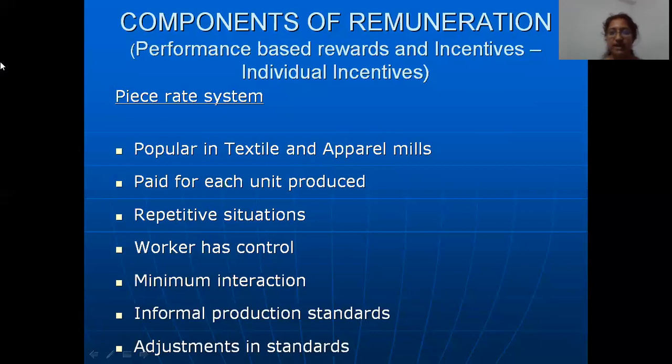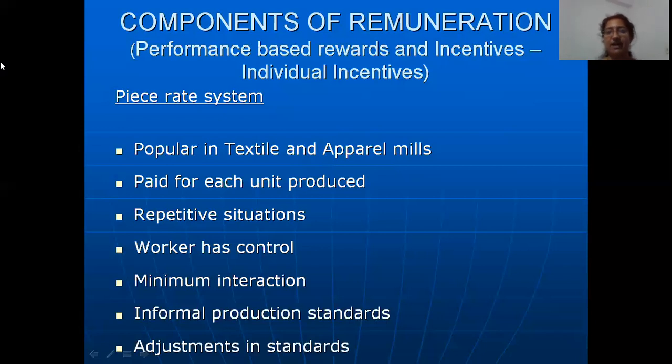However, if one shoe he is producing is of one design and the other shoe is of another design, a piece rate system may not be justified, because for producing one shoe, the materials used may be less and the color combination may be different, which requires a certain wage. Another shoe may have more materials and more tasks to be done to finish it, so the wage might be different there.